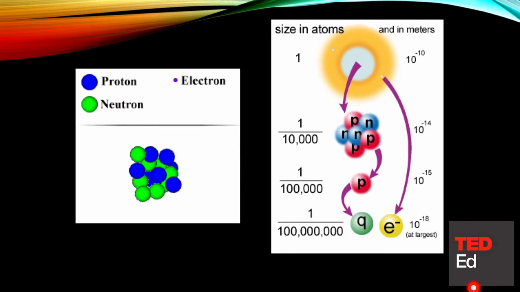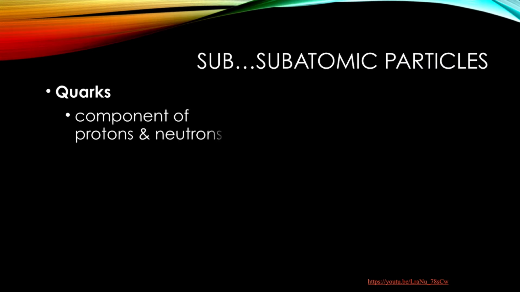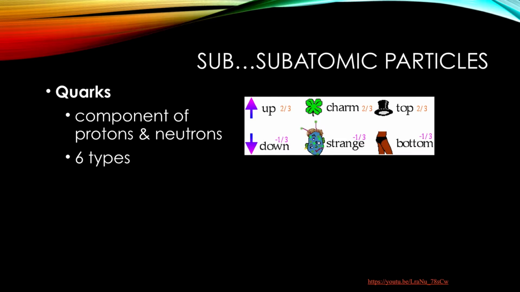Remember, we watched that TED Ed the other day about what size was an atom. I mentioned the quarks, just so you didn't leave my class never hearing of them. Quarks are the actual components of protons and neutrons. They're what make up the protons and neutrons. There are 6 types of quarks, and they have very adorable names: up quark, down quark, charm quark, strange quark, top quark, and bottom quark.